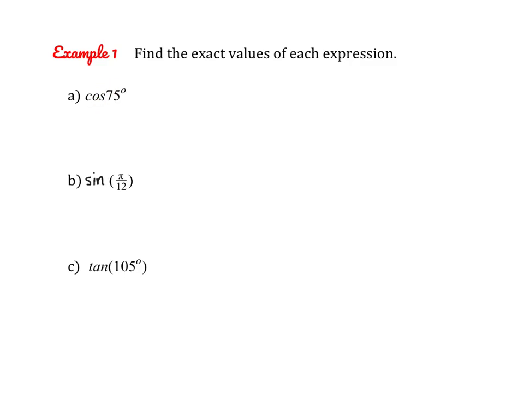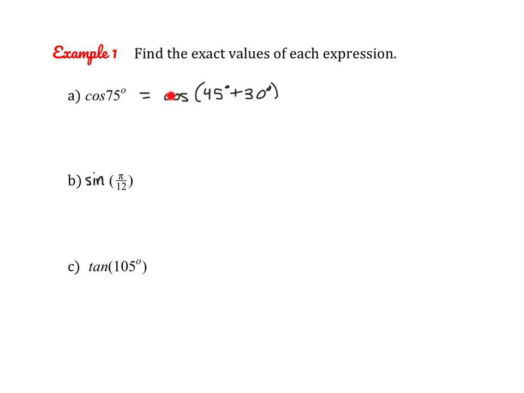However, if there's a way that you can add or subtract angles that we know to make 75 degrees, then we can use a sum or difference formula to help us evaluate this expression without a calculator. So if I ask myself, what's a way I can add or subtract two angles I know to make 75, we could say, oh, well, that's just 45 plus 30. This is a completely valid statement to make. These two are completely equal.